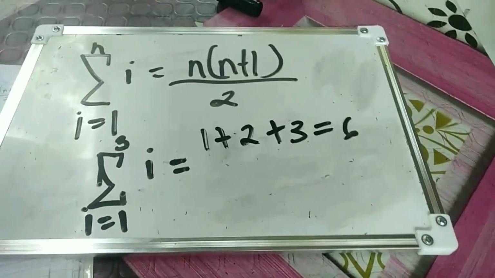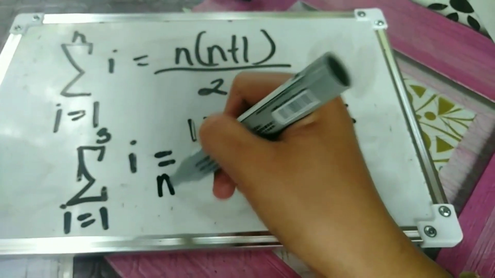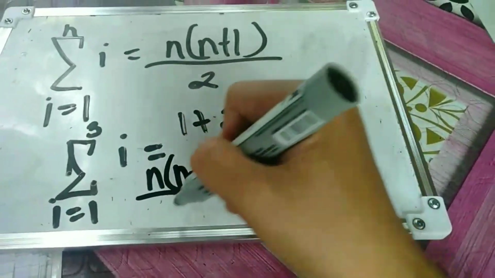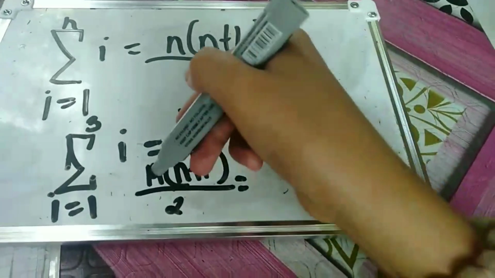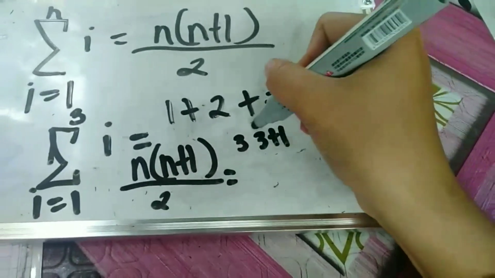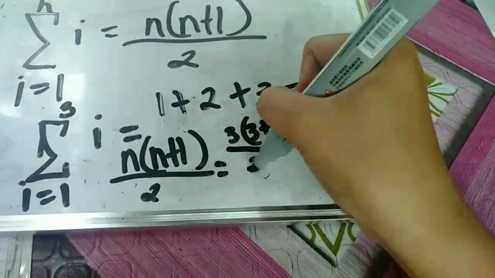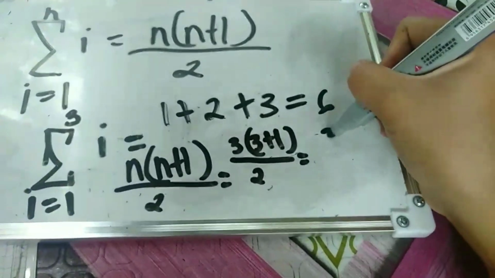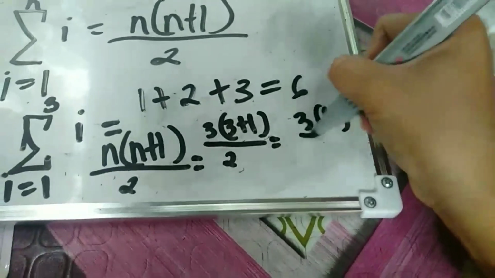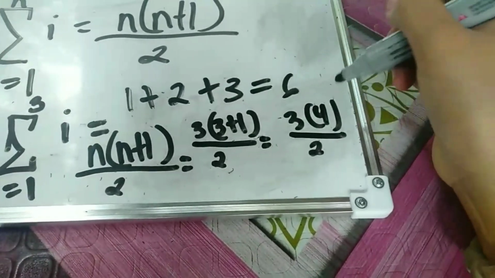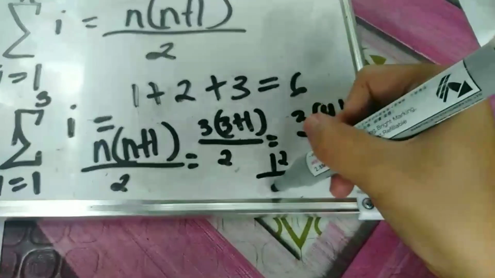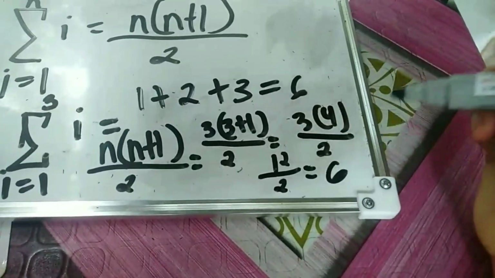So now let's try with the formula. The formula is n times n plus 1 divided by 2. n natin is 3, so 3 times 3 plus 1, which is 4, divided by 2. 3 times 4 equals 12, divided by 2 equals 6.